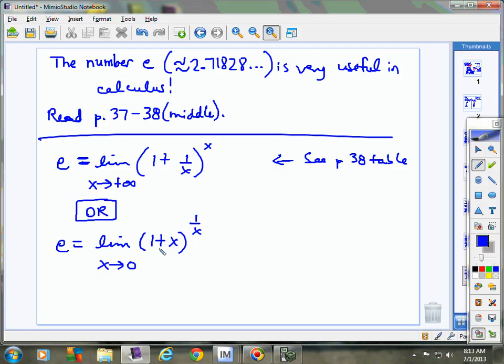That will also give you 2.71828. Either one of those is exactly e. No rounding. All right, let's look at a couple of little exponent problems, and then we'll go back to logs.